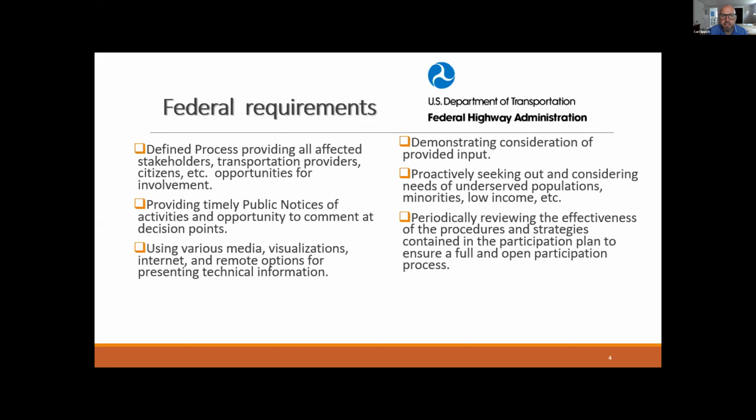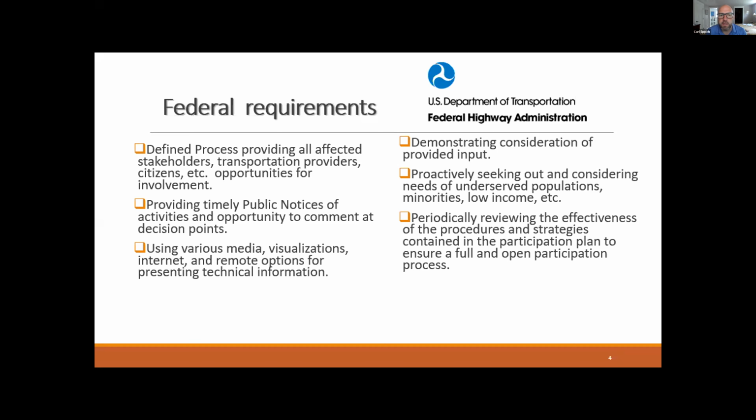Basically, the plan outlines means for people to provide input and outlines a process for us proactively seeking out and considering the needs of underserved populations, minorities, low income, et cetera. Basically, it's an equity issue, and part of the origins of MPOs is from government just building transportation projects through neighborhoods without input or an opportunity for adjacent residents, or stakeholders, to provide input on what's about to happen to them.